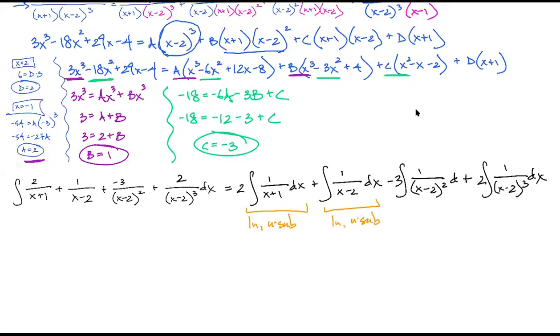We're going to use that power rule here. And so we're going to say not natural log, but power rule and a u sub just to kind of get in that habit of it. And then for the last fraction, we're also going to need the power rule and a u sub just in case there's ever a constant in front of the x, okay?